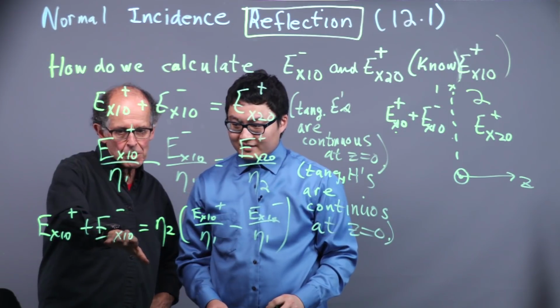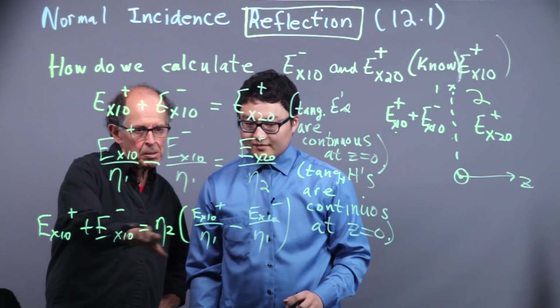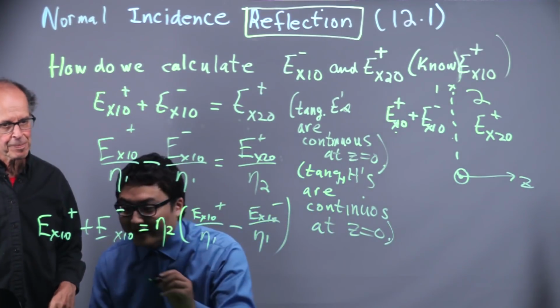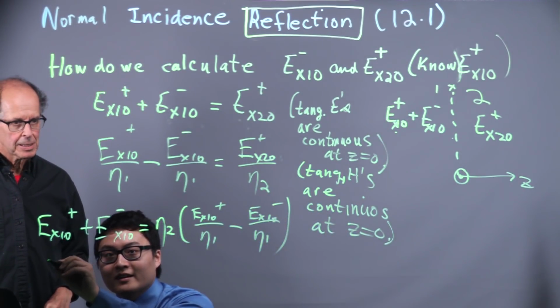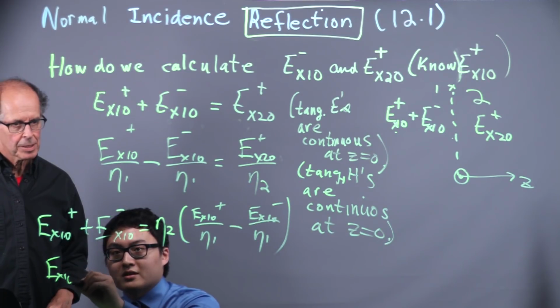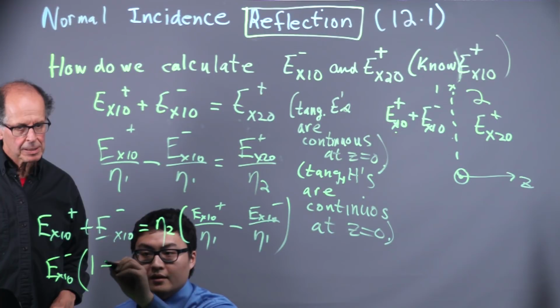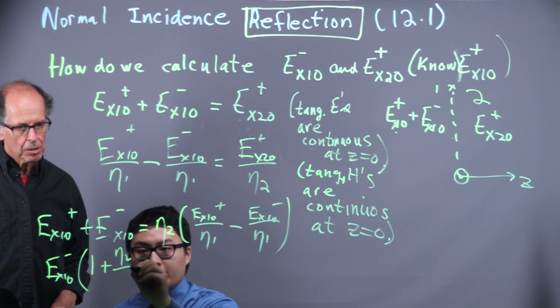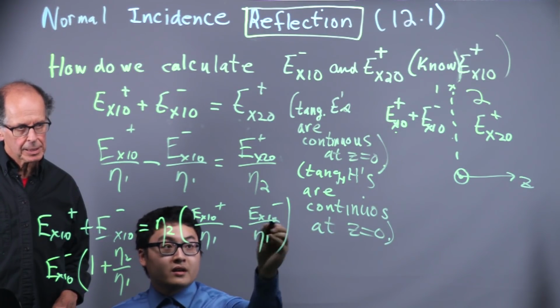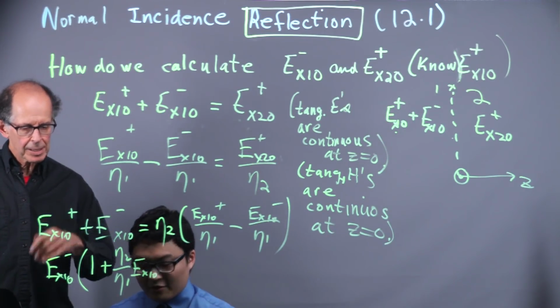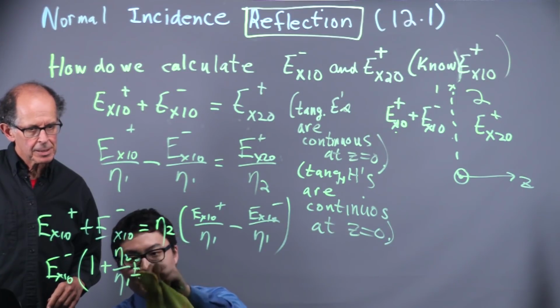I think the thing to do is to take the E_x10 and bring that over, and take the other one. So E_x10 minus times 1 plus eta 2 over eta 1, which we factored out already.